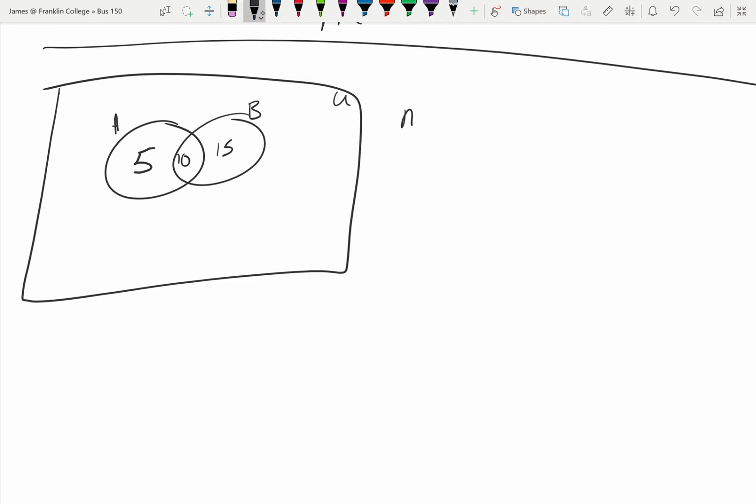The number of elements in A, well, that is simply this plus this: 5 plus 10 equals 15. The number of elements as part of B, well, that's just 10 plus 15.